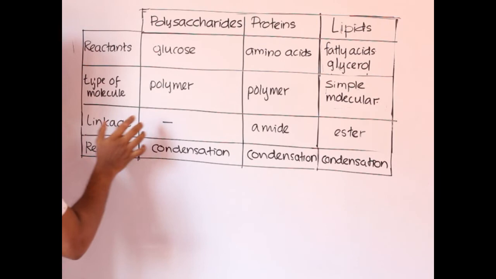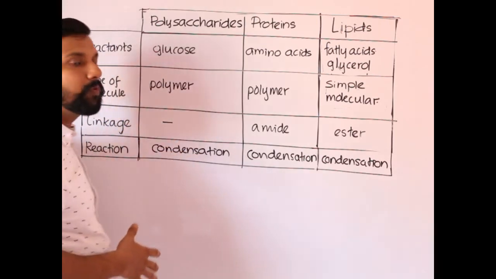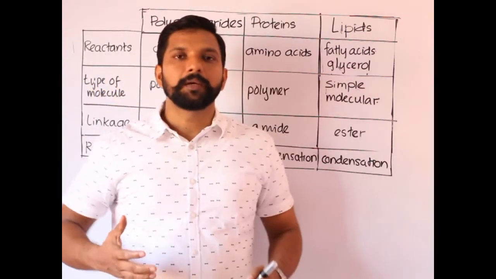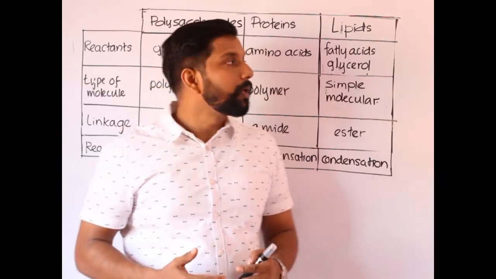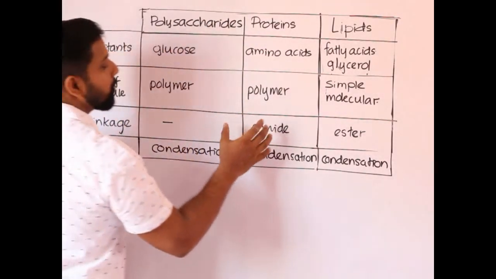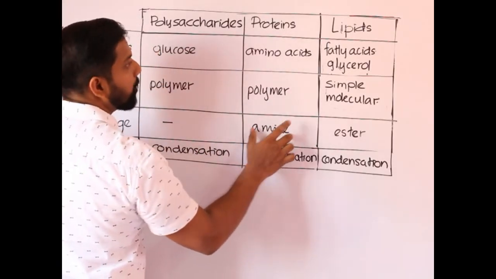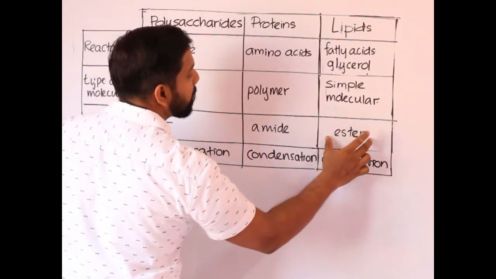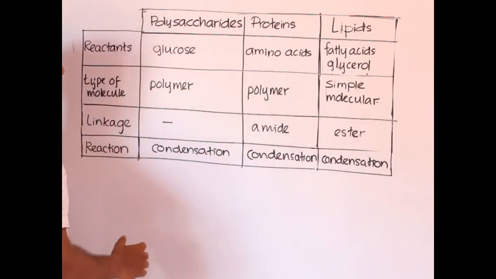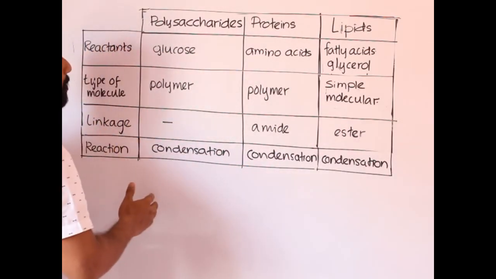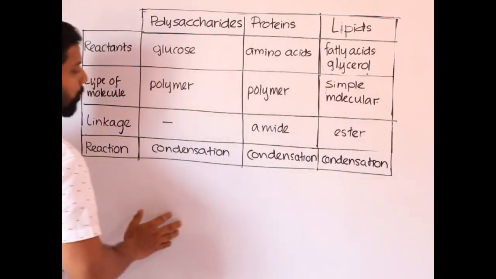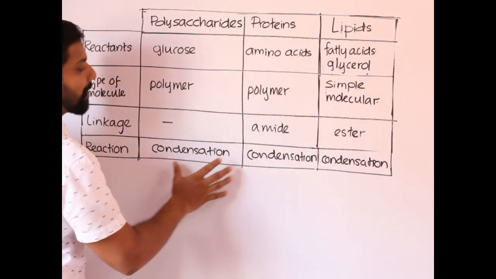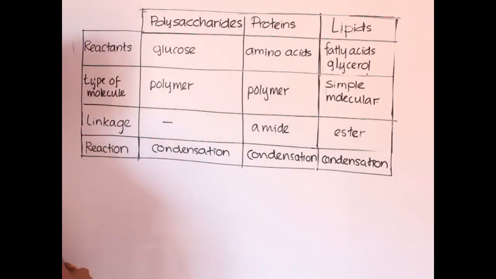The linkage in polysaccharides we don't have to learn in our syllabus. We usually call it glycosidic bond. In proteins, the linkage is amide, and in lipids, the linkage is ester. The type of reaction which produces all these 3 complex molecules is condensation.